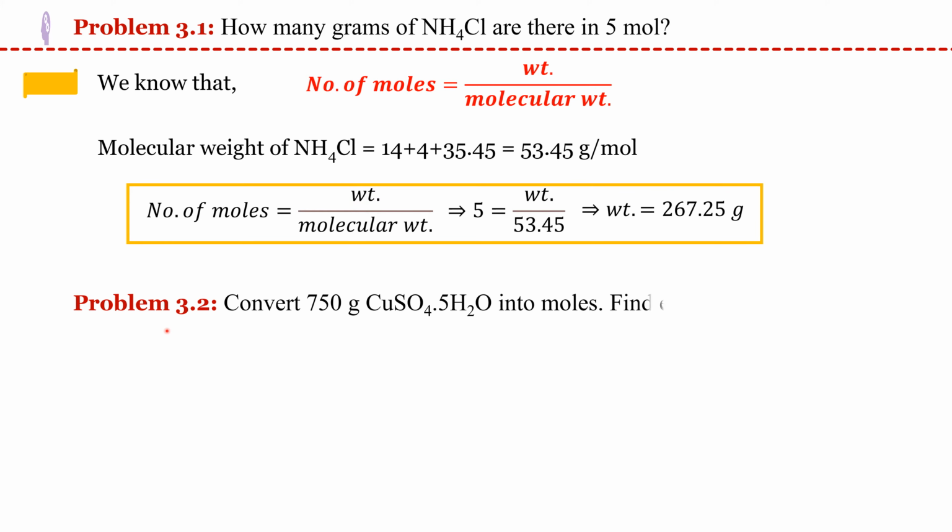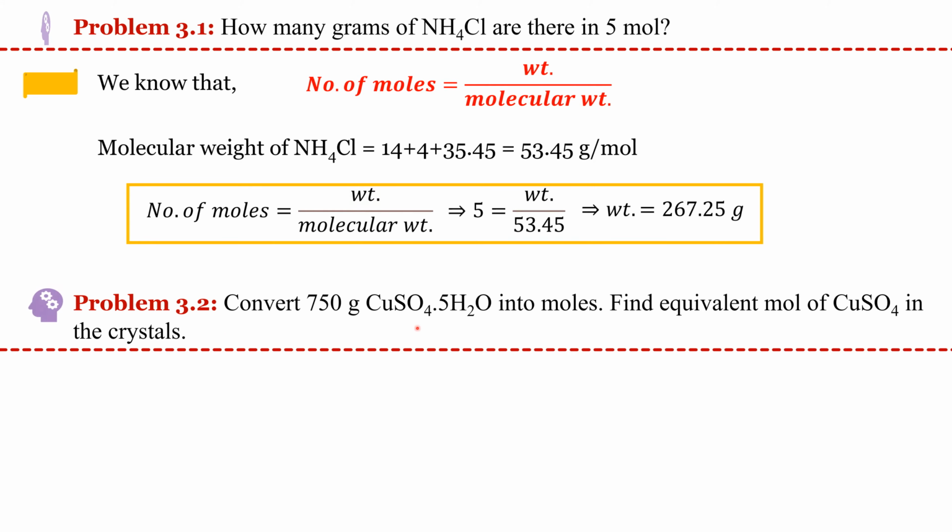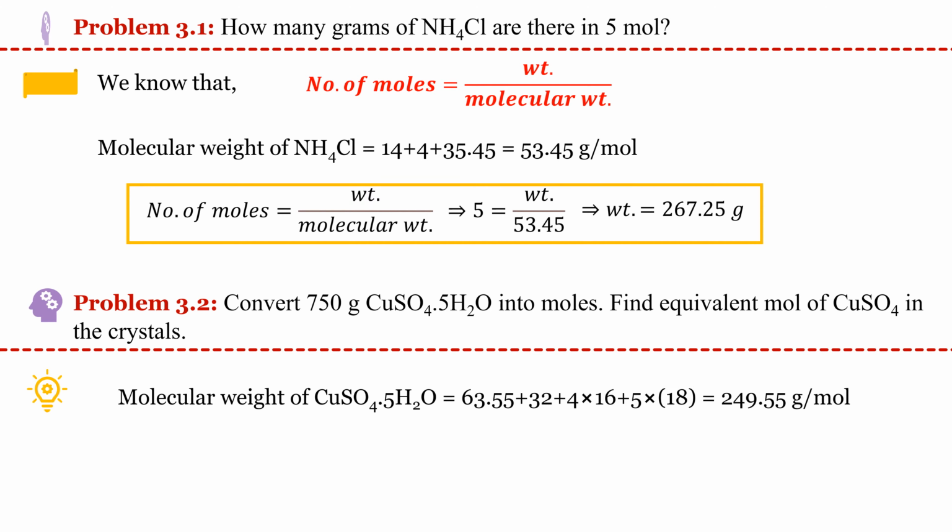Now problem number 3.2. Convert 750 gram copper sulfate crystal into moles and find the equivalent moles of copper sulfate in the crystal. First we need to convert this 750 gram into moles. So we have to write the molecular weight of copper sulfate crystal, and it will come out as 249.55.